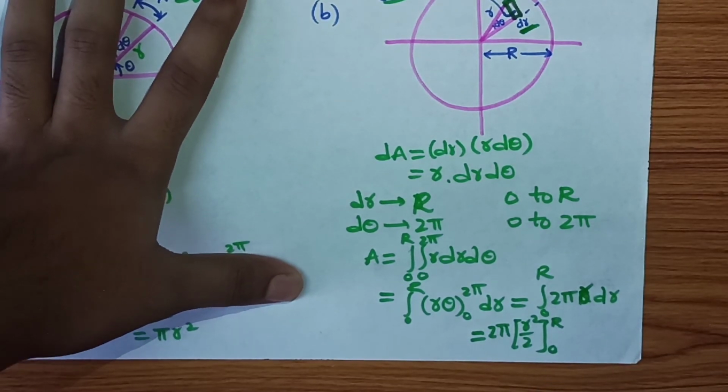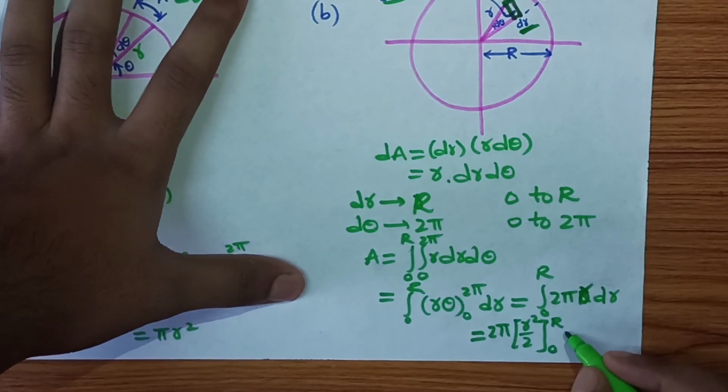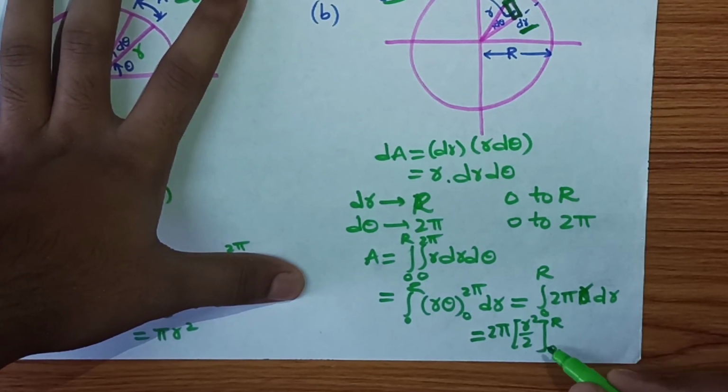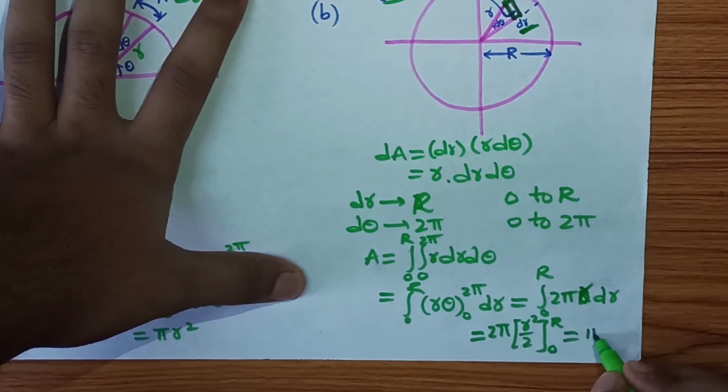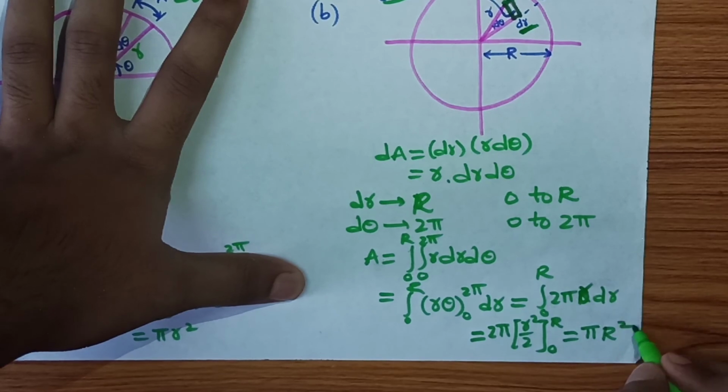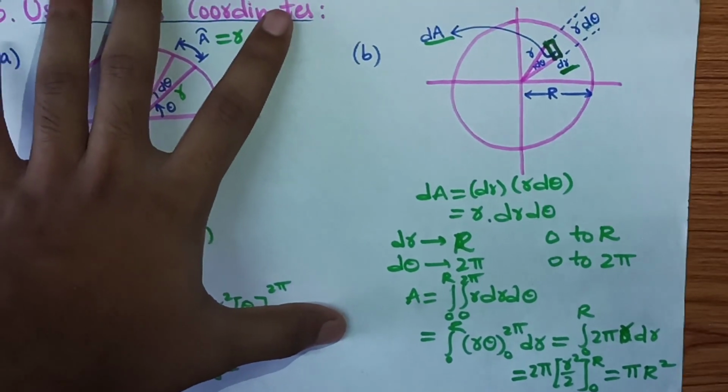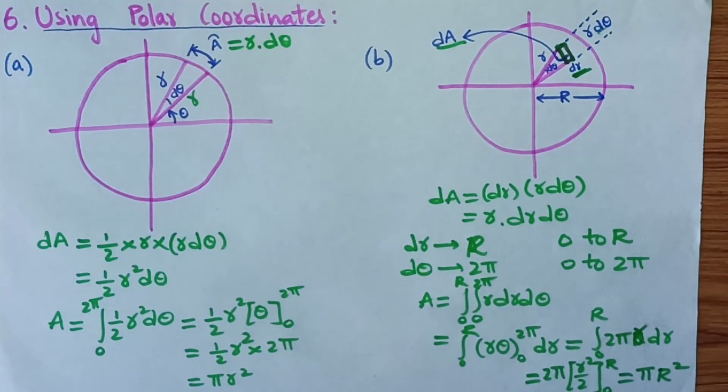If I substitute 0, it will be 0. Substitute the upper limit, it will be r square by 2. The 2 gets cancelled, and we will be left with pi r square. So these are the total 6 methods to prove the area of the circle.